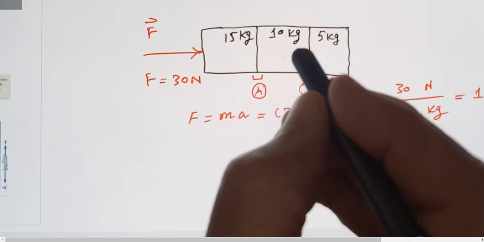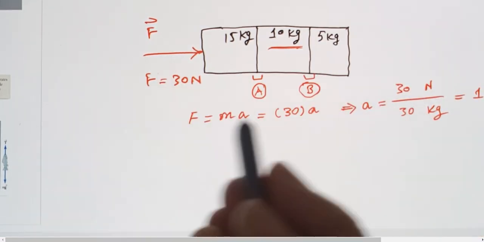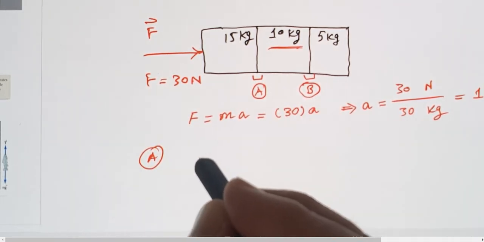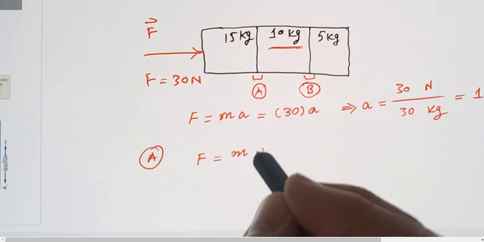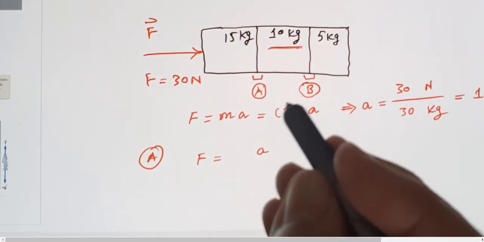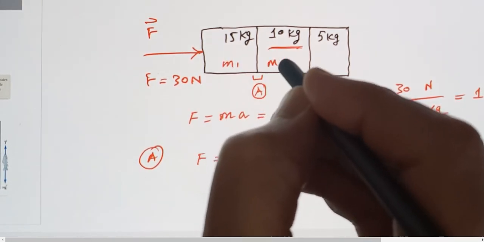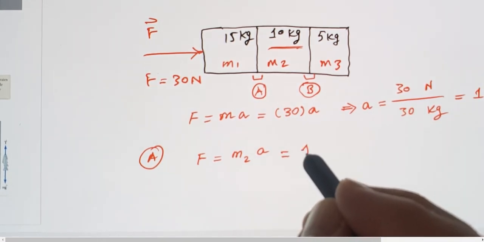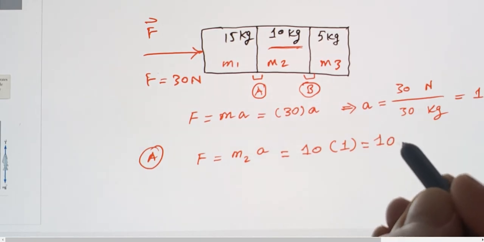So we find the acceleration, we apply Newton's second law for the 10 kilogram. So what is F equal? M A, now I have to use M2. M1, M2, M3. And that is 10 kilogram multiplied by the total acceleration, that is 10 Newton.